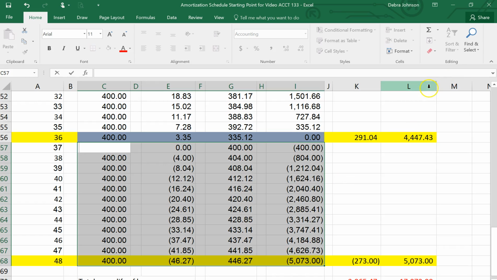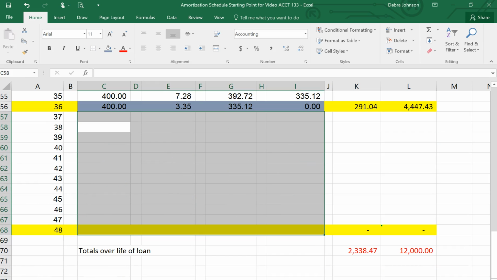So I'm going to clear that amount to 0. So after I've cleared the contents of the remaining payments, since they would not be necessary, you can compare this interest cost of $2,338.47 with the previous interest cost and calculate the interest savings.